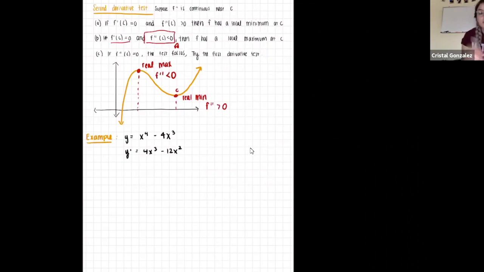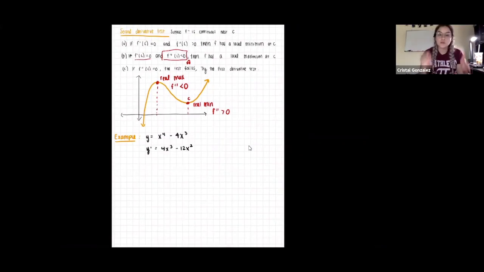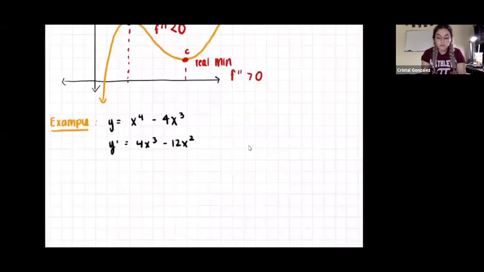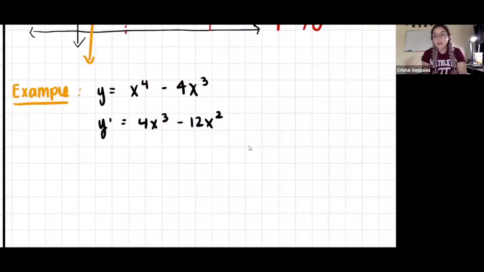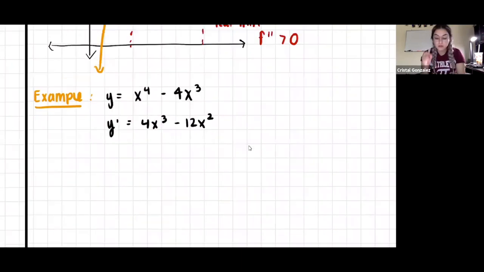Eventually we're going to have to find the second derivative, but the second derivative test says that we are going to test our critical values on that point. So the first thing we need to do is get our first derivative, set it equal to 0, and then we'll take the second derivative and test those critical values on the second derivative.